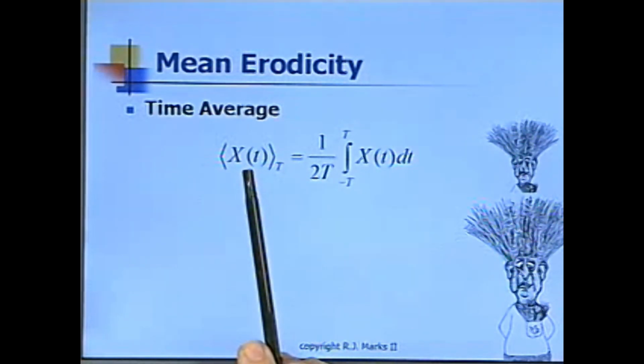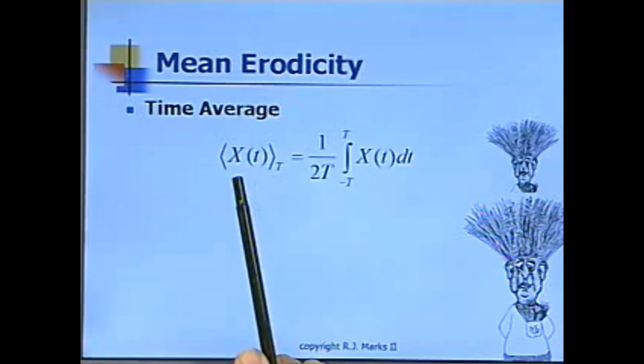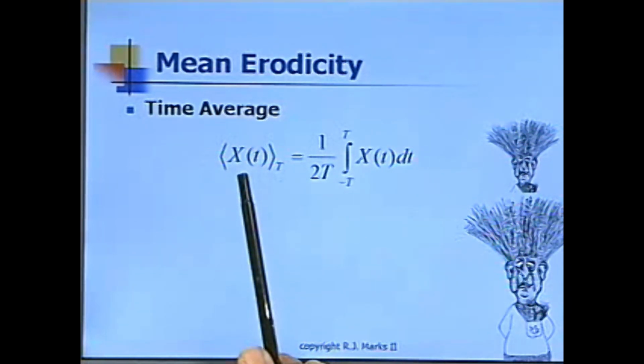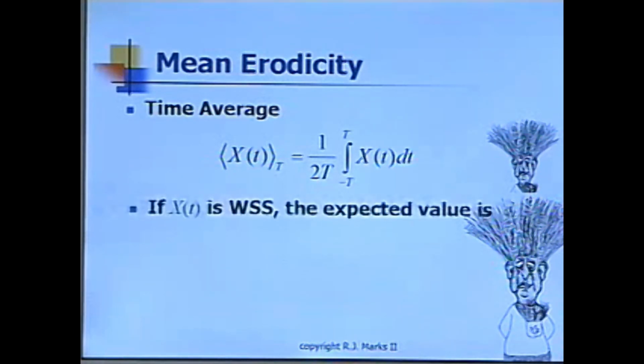Number one, we would hope that the expected value of x of t would be equal to the mean, right? And second of all, the variance of x of t would be what? Small. Because if the variance of x of t, corresponding to the accuracy to which we know it, is small, then we know that mean within a certain confidence, if you will. So those are the two things we would like.